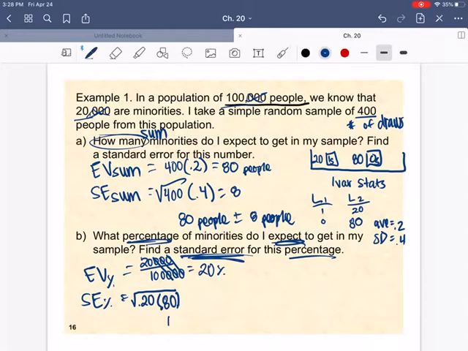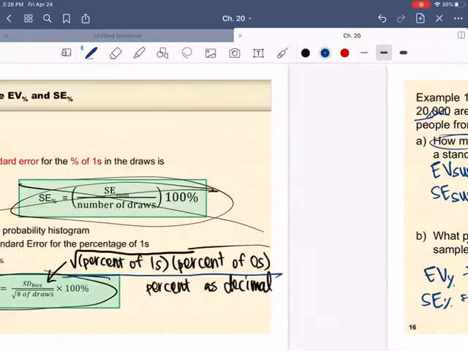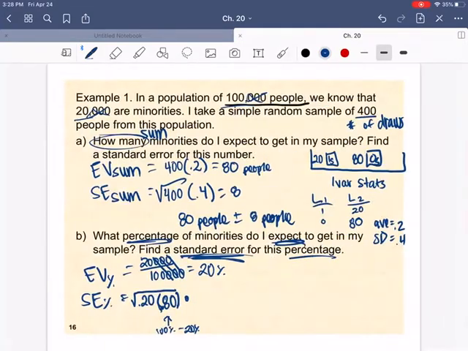So we got 0.80 by doing 100% minus 20% and then moving the decimal over twice. Divided by the square root of the number of draws, and then multiply whatever that is by 100%, or just move the decimal over twice.